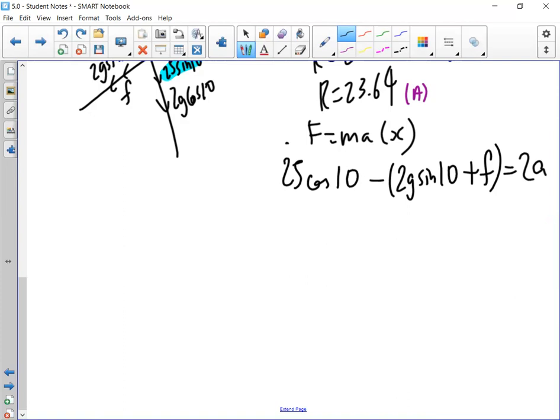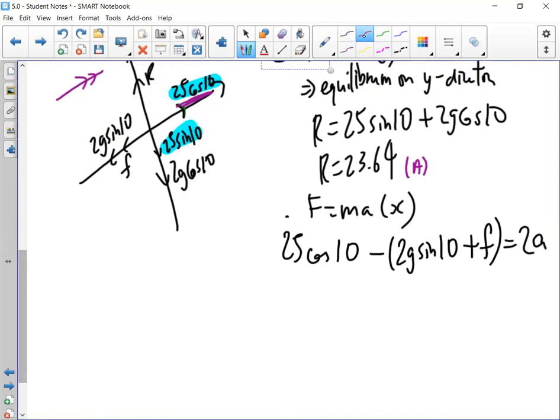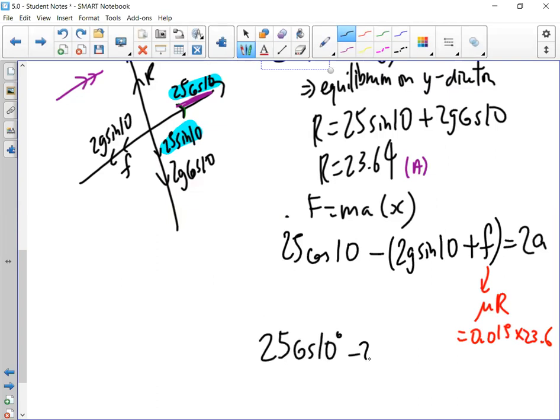Next step, what's friction? Friction is mu R. Mu is 0.015 times our reaction, 23.6. So we can rewrite the whole equation by getting rid of the bracket: 25 cos 10 minus 2g sin 10 minus our friction, 0.015 times 23.6, equals 2a.